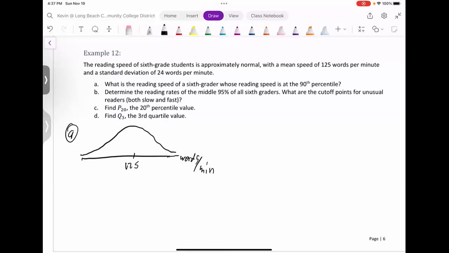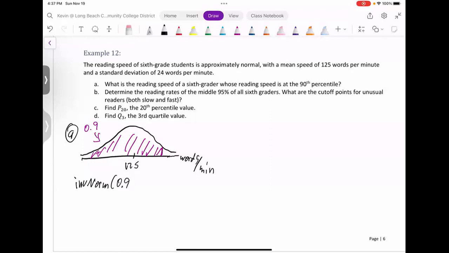And the 90th percentile is going to represent the bottom 90%. So in this case, we're given the area, and we want to know what this marker over here is on the z-axis, as it were. So this is going to be inverse norm. 0.9. Remember, it's always area to the left, which we have.